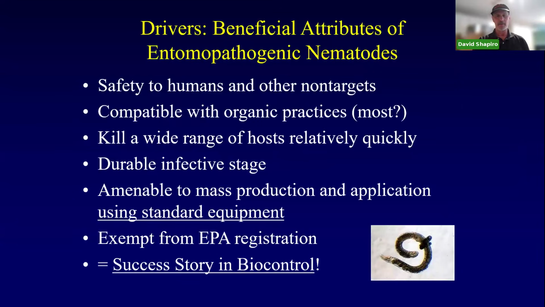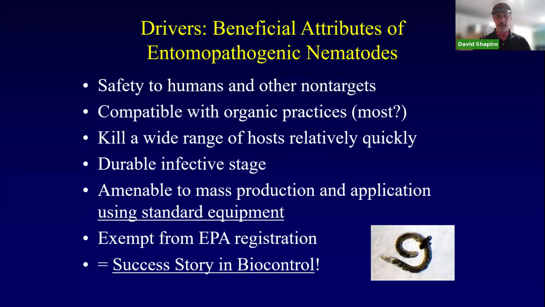So what are the drivers? Why do we use these nematodes? What are the beneficial attributes of these nematodes that make them so attractive as biocontrol agents? The nematodes, as mentioned, are really safe to humans and other non-targets. They're compatible with organic practices, or at least I think most products are.